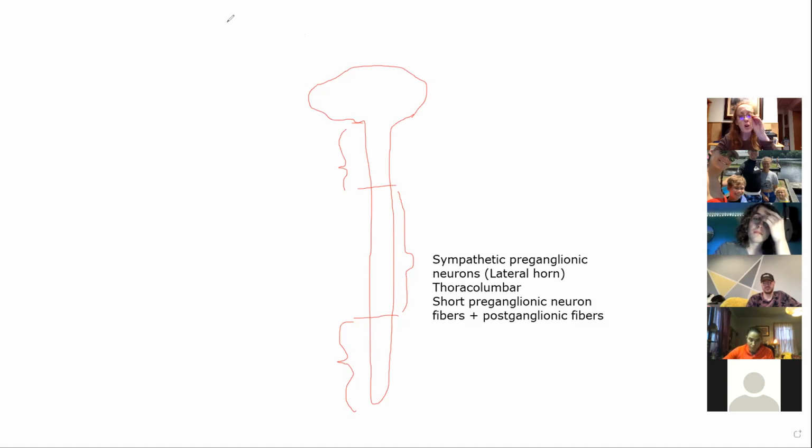And I can't remember whether they call it the cervical sacral region or what they call it. But this is going to be the parasympathetic nervous system. I think it's cervical sacrum or something, cervical sacral.